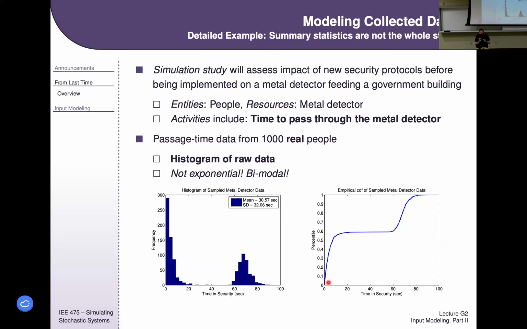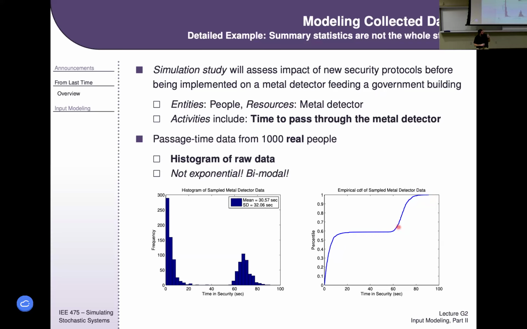You sort the data on the x-axis and plot it against its rank on the y-axis. So you get everything from rank 0 to rank 100%, and that's what gives you this rising curve. That's your sample CDF.